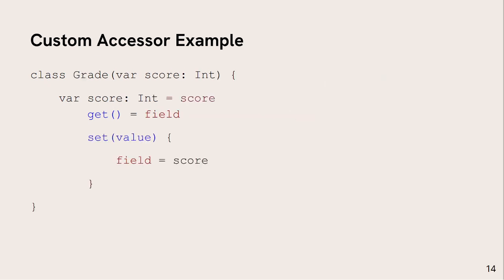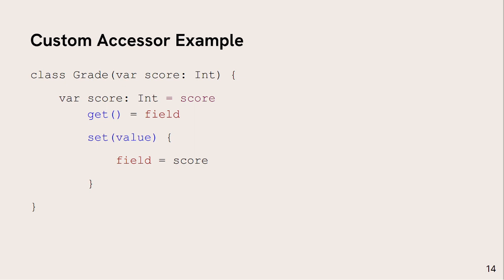Then here is another example, and we need to learn something new. For example, we have a class called Grade, and we save the score inside. The score is a var, right? Without this part, we will have a data member called score, with the accessor and mutator.